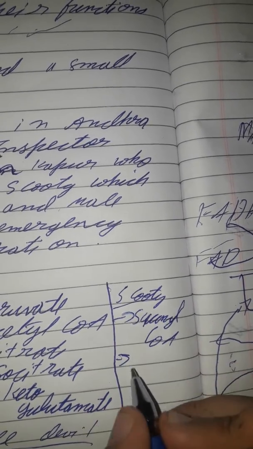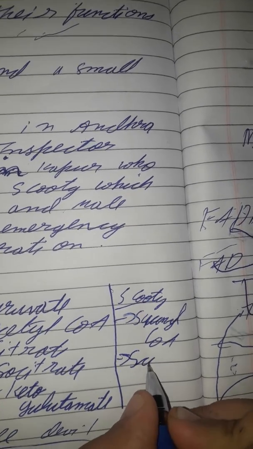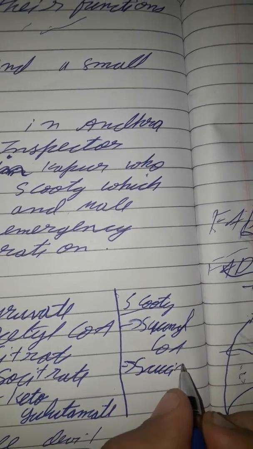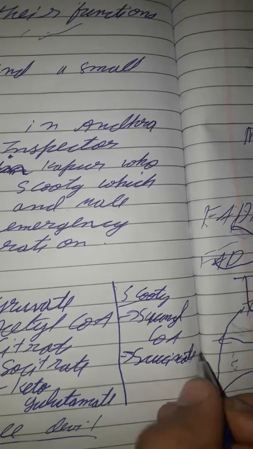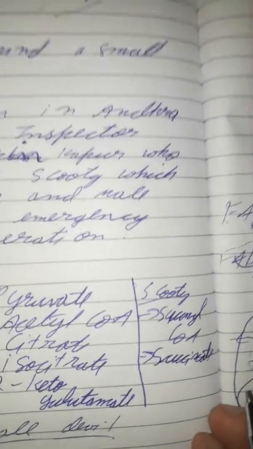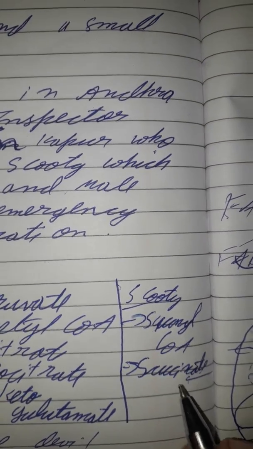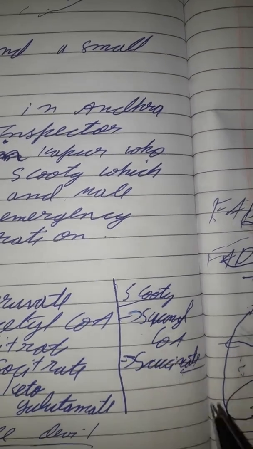The word scooty helps us remember succinate and succinyl coenzyme A. If you get confused about which comes first, just remember that succinate is always late, so it comes after succinyl coenzyme A.